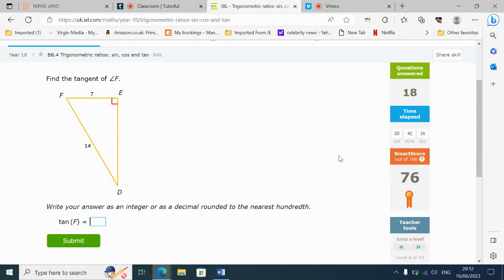The square root of 147 is 12.247. But 7 is big enough to round up, so it'd be 12.25. Okay, now what do we do?